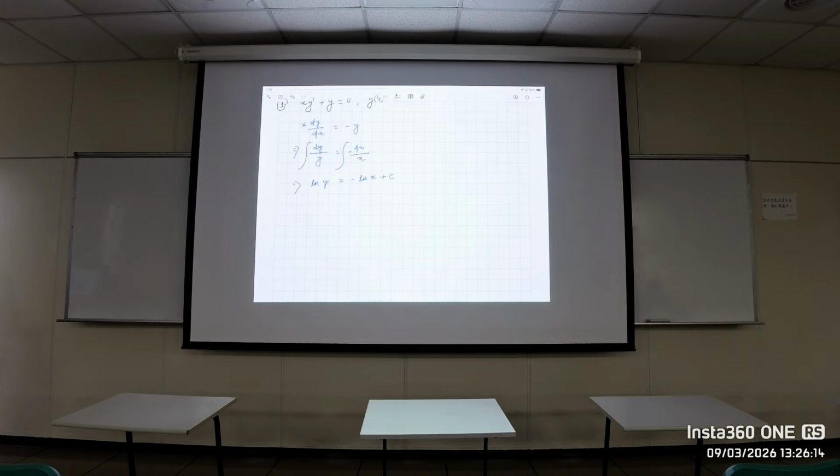Right? Then what is the y here? y is equal to c e to the power ln x inverse. That means that will give me c by x. Can I write this? Is this okay?